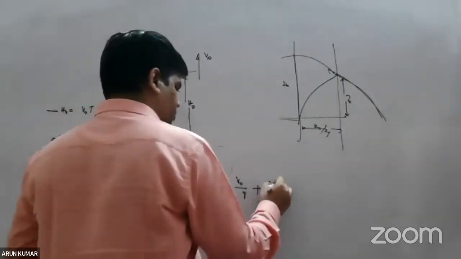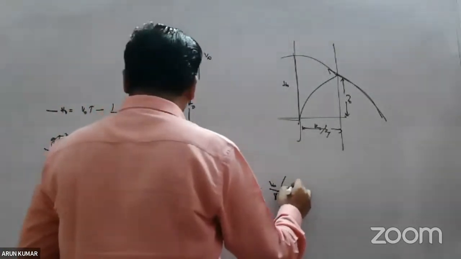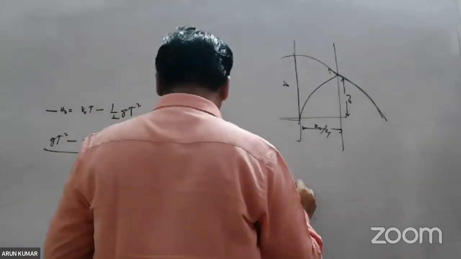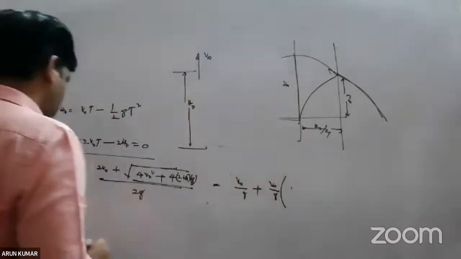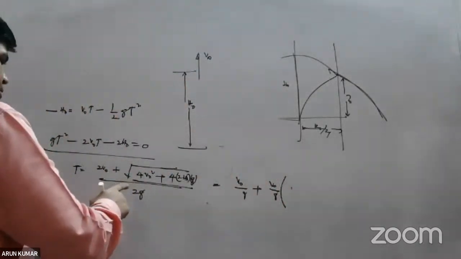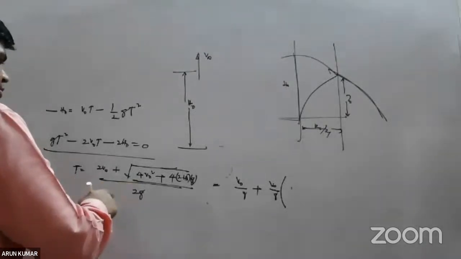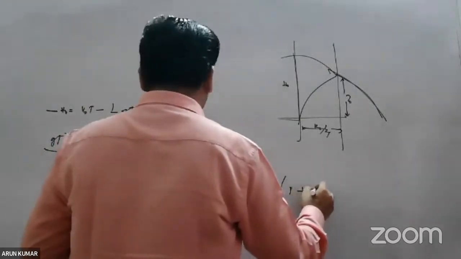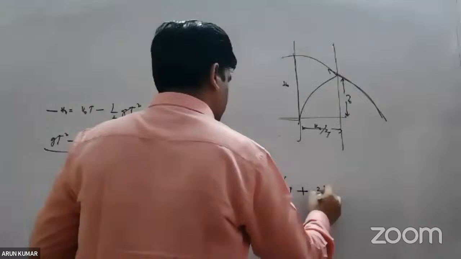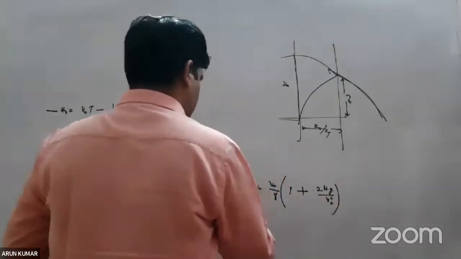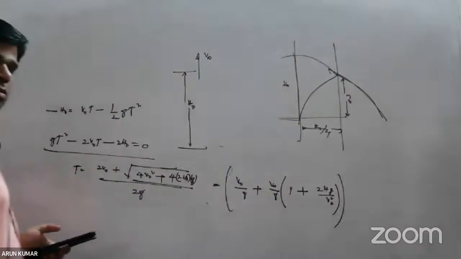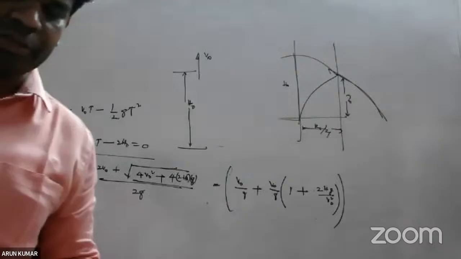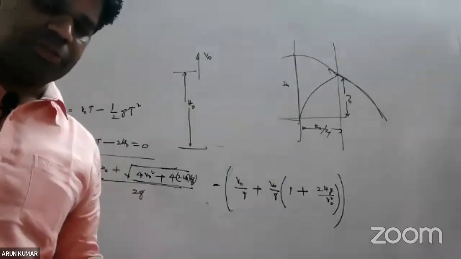If I take common, I'll get v naught by g into 1 plus 2hg by v naught square. That's it. This is the answer. It was just the formula, minus b plus or minus square root of b square minus 4ac, by 2a.